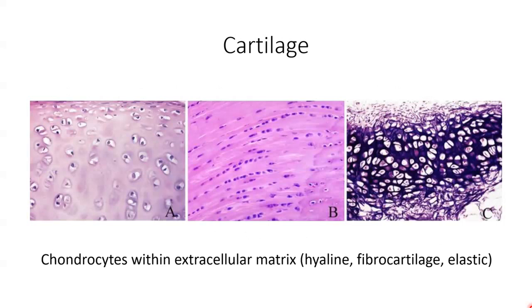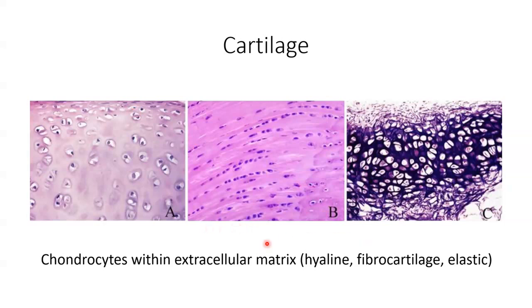Once again, taking a look at those subtypes of cartilage, and on the left here we have our hyaline cartilage with that gel-like ground substance and then the prominent chondrocytes. There aren't as many cells or fibres in this type of cartilage, so it can be quite thin, like at the end of a long bone.